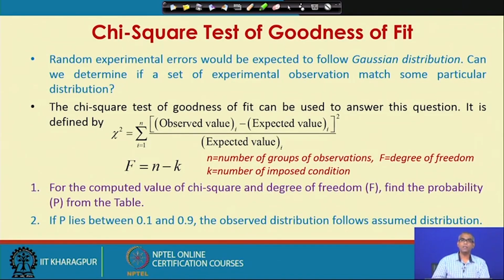So, once you have the set of data, you find the chi-square value using the formula that we have talked about. You also calculate the degrees of freedom. Then there is a table available known as the chi-square probability distribution table.